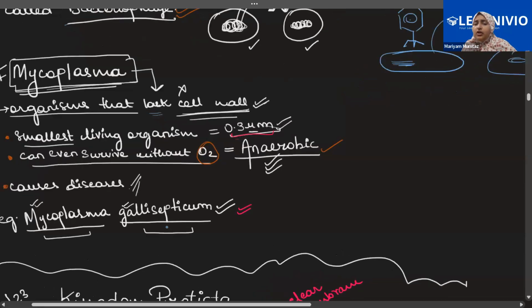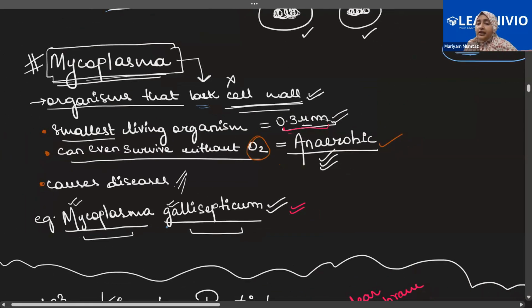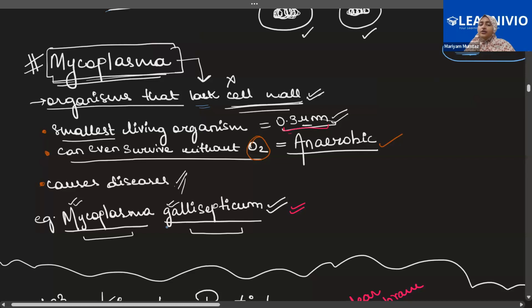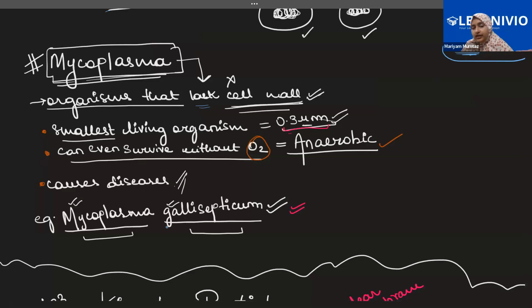They are very small, their size is like 0.3 micrometer. And they can survive without oxygen, so they are anaerobic. Any process that happens in the absence of oxygen is anaerobic, but when it happens in the presence of oxygen, that becomes aerobic.